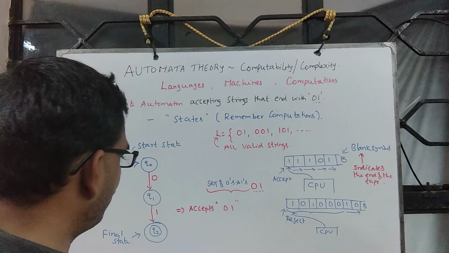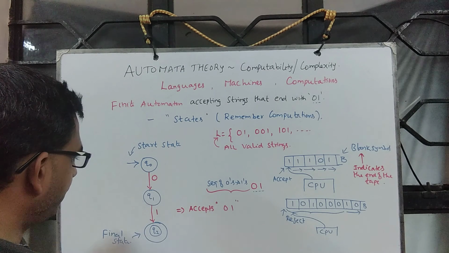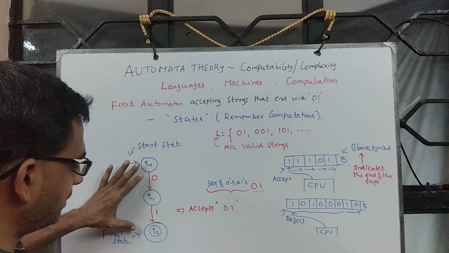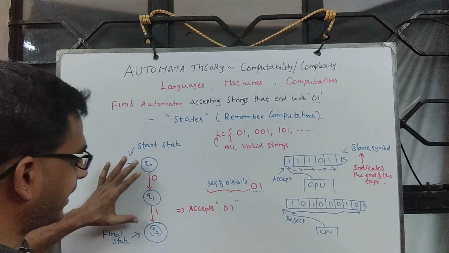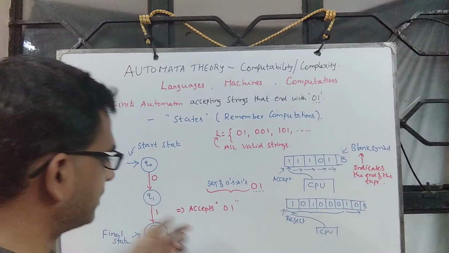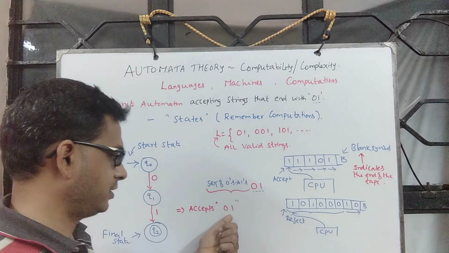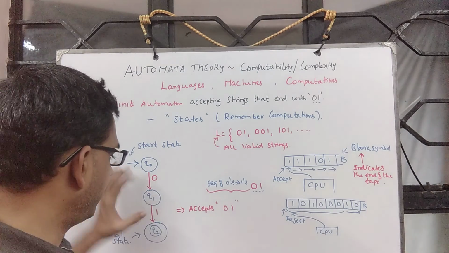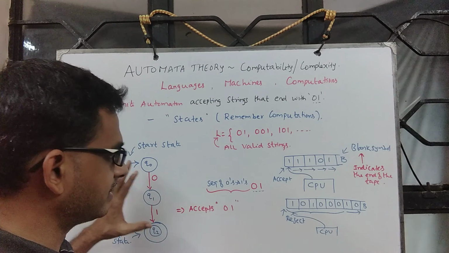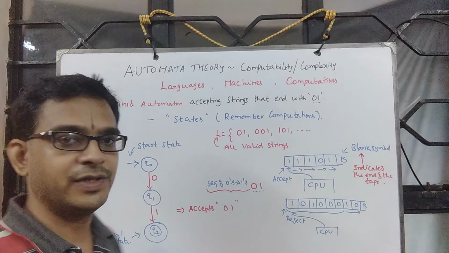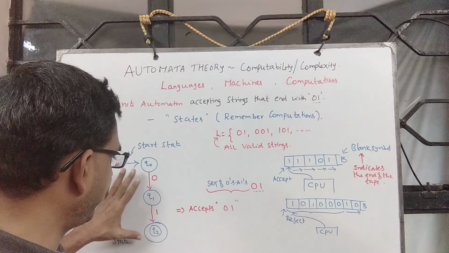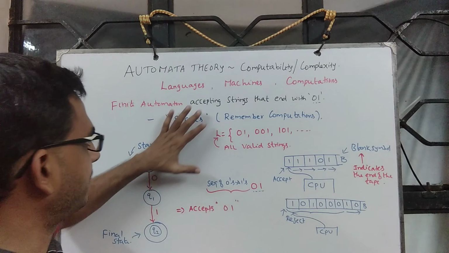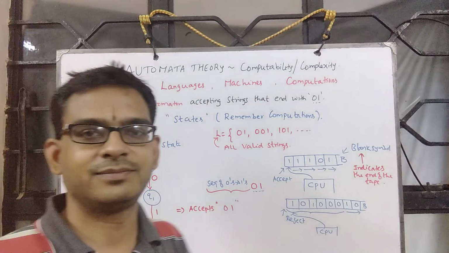Now what is it that we want? We want to fine tune this machine so that it accepts some more strings that are ending with 01, and it rejects all other strings that are not ending with 01. Okay. So let's see how to fine tune this.